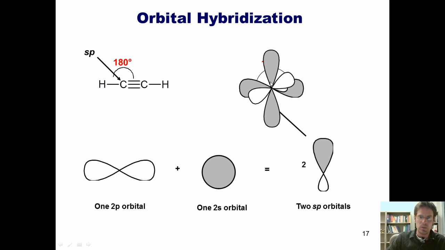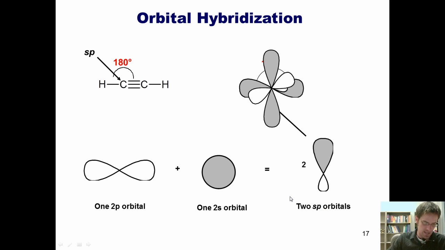Well, the unused 2p orbitals go perpendicular to the plane, 90 degrees apart from each other. So once again, let's go back. This carbon atom used one of its 2p orbitals. The other two 2p orbitals remain unused, being perpendicular to each other and to the plane, which is occupied by these two individual sp orbitals.